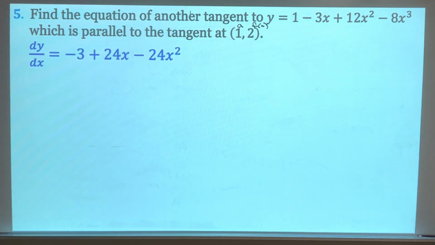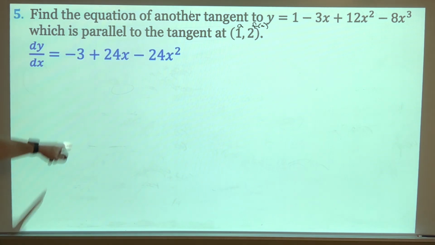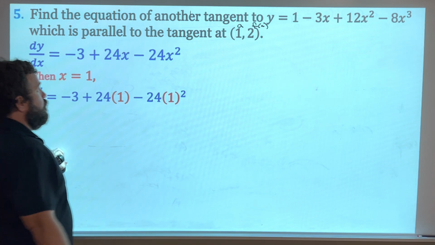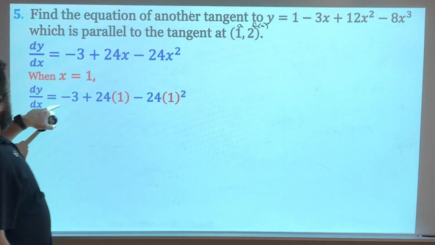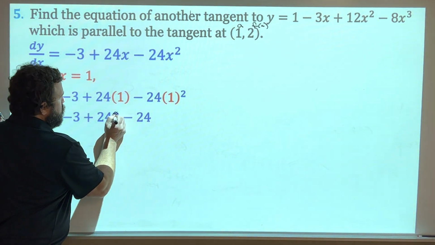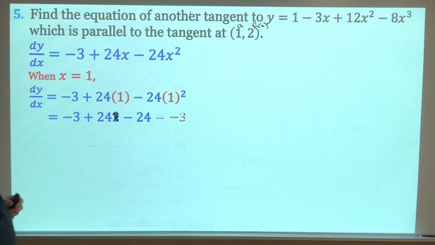So how do we find the gradient? The gradient is f prime a. We're going to plug in what into this equation? 1. Negative 3 plus 24 times 1, minus 24. Negative 3.